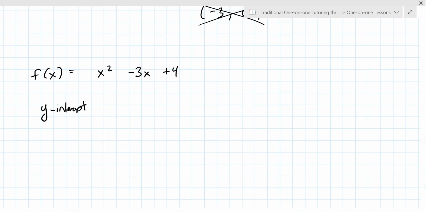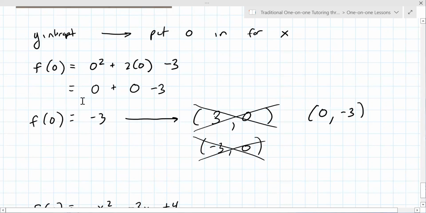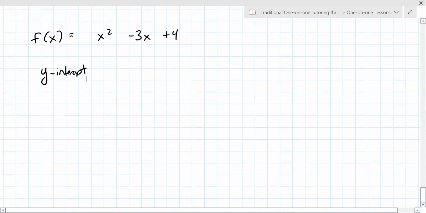Can you scroll up? Yes, of course. And you want me to put 0 in for x? Yes, because that's what it means to find the y-intercept. So it would just be 4.